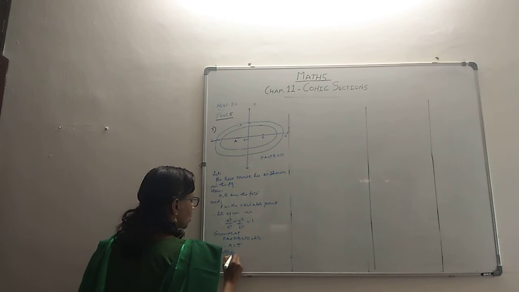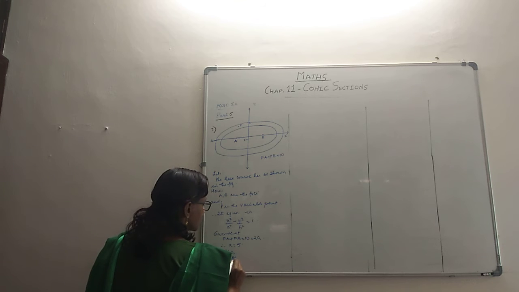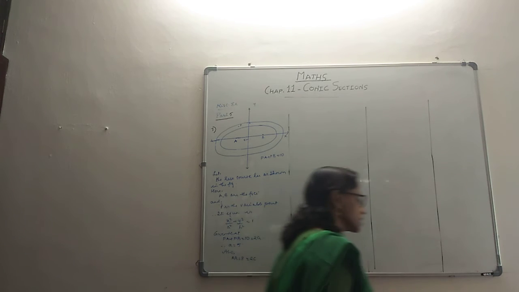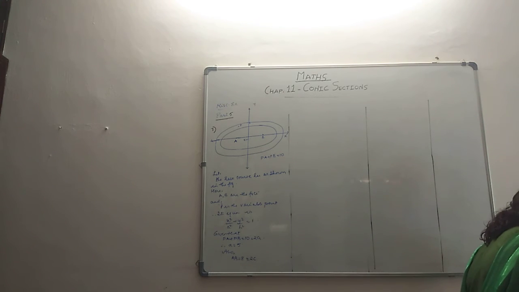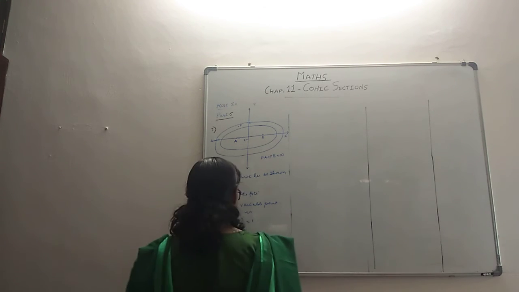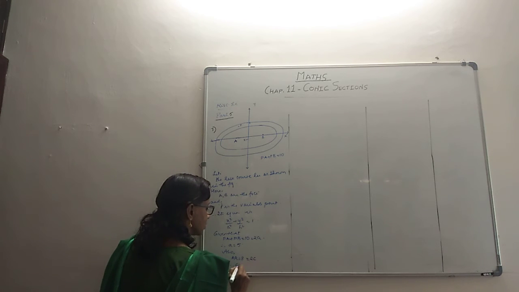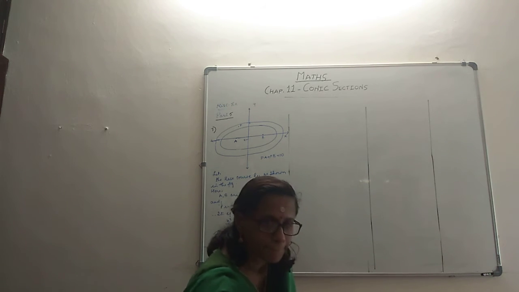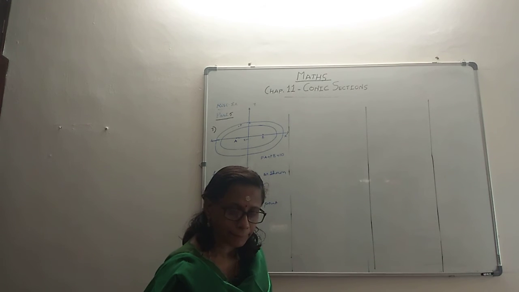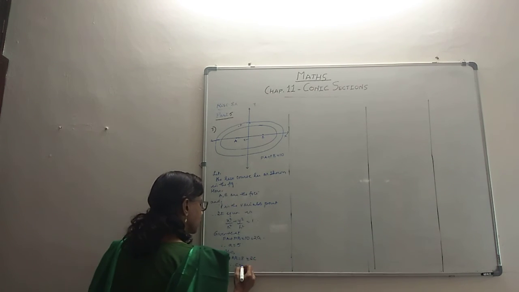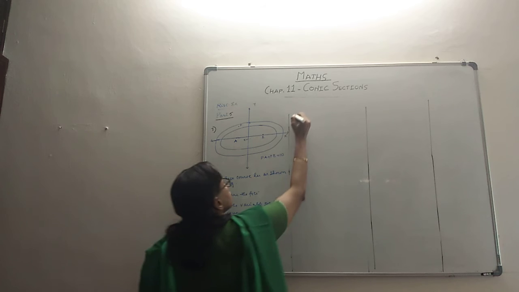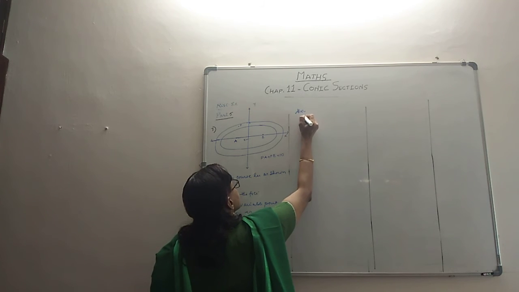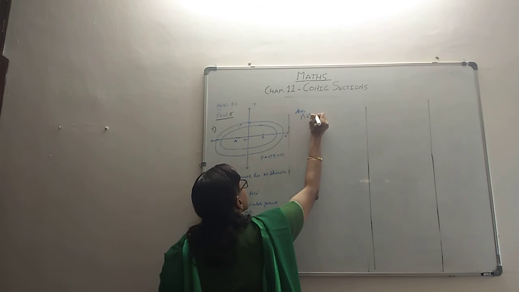Also AB equal to 8, which is 2C, C plus C. Now I am looking out for the units, meter, yeah, it's meter. So 2C is 8, so C will become 4. Also, what do we know? We know that C squared is A squared minus B squared.